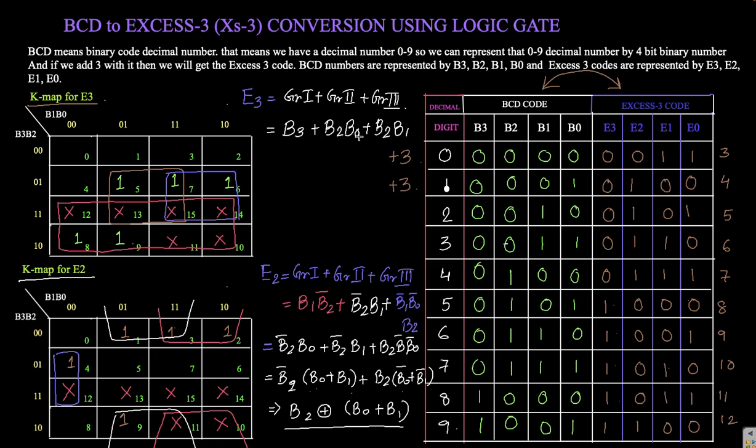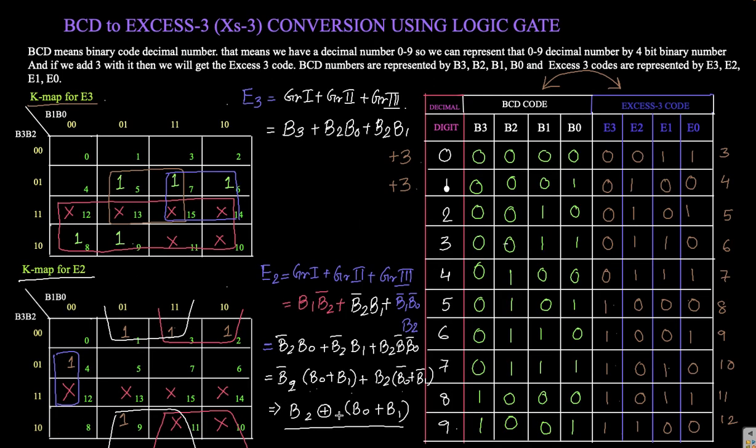B3 plus B2 B naught plus B1 B2. That means B3 plus B2 B naught plus B1 B2. So like this, what is E2? E2 becomes B2 XOR B naught plus B1.